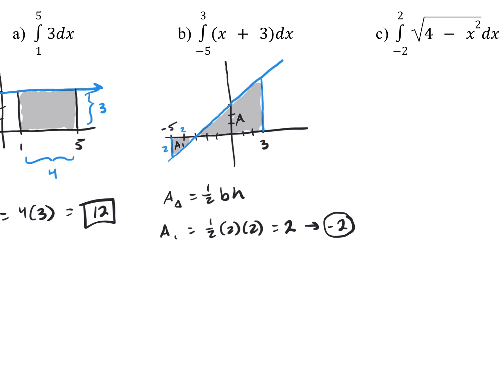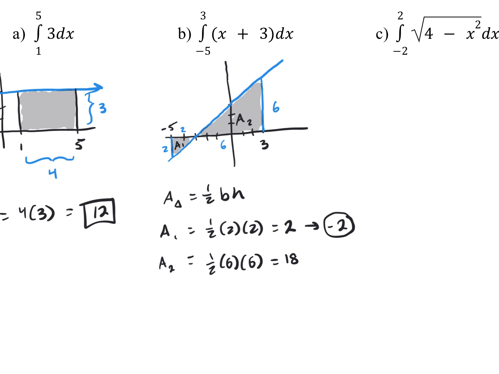And then I'll call this second triangle, triangle 2, so this will be A2. If we look from negative 3 to 3, we can see that our base is 6, and because our slope is 1, our height will also be 6, so 1/2 times 6 times 6. So this area is going to be 18.